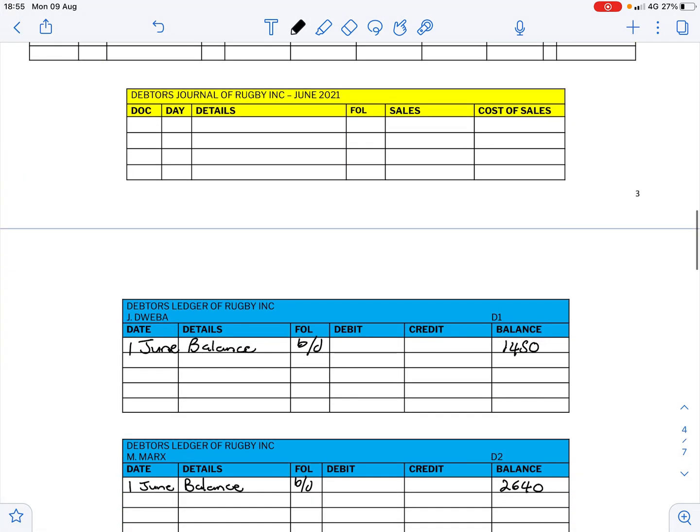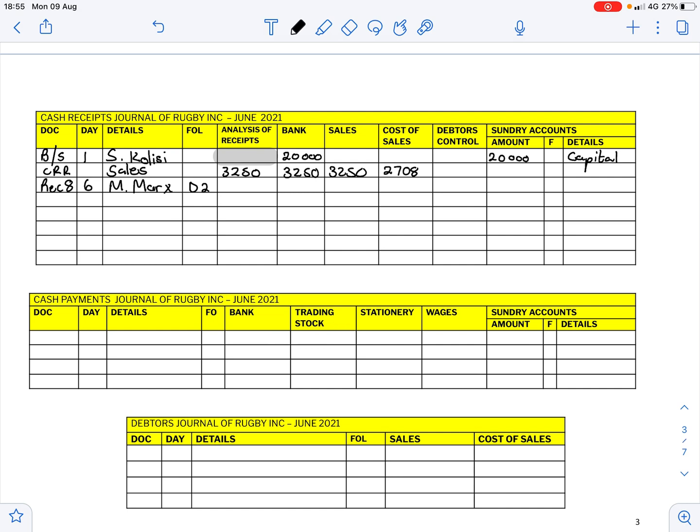They don't give us that information, but if we go down, we can see that he's debtor number 2 in his debtor's ledger. So he repays us what he owes us, and that would be 2,640 Rand. That goes under analysis. 2,640, that goes under bank. And when a debtor repays us, we use the debtors control column, 2,640 Rand under the debtors control column.